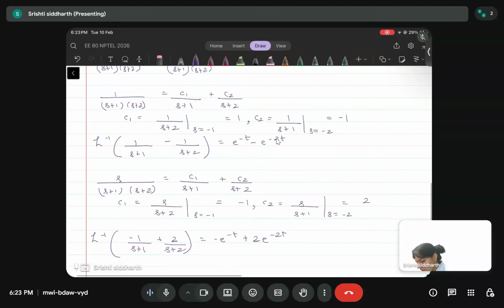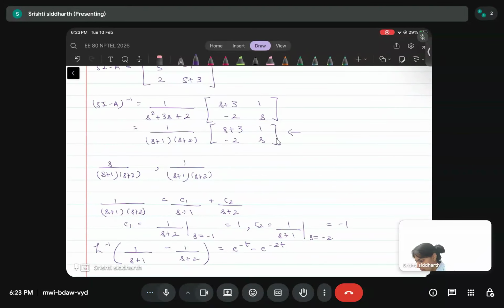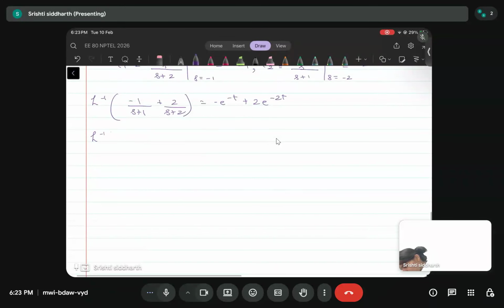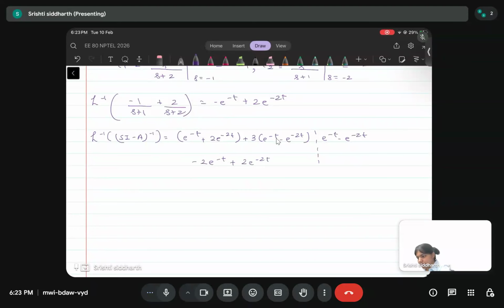Using these expressions, we can calculate the Laplace inverse of (sI minus A) inverse. Let's simplify this. This is 4 e to the power minus t.